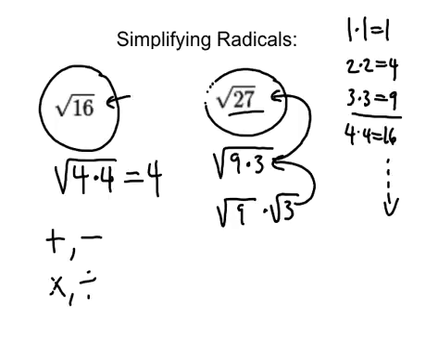Now I know the square root of 9 is 3, because 3 times 3 is 9. So the square root of 27 is equal to 3 times the square root of 3, which cannot be simplified because the two numbers that multiply together to give 3 would be decimals and it's going to be a bit messy. So I'm happy with leaving this just like that.